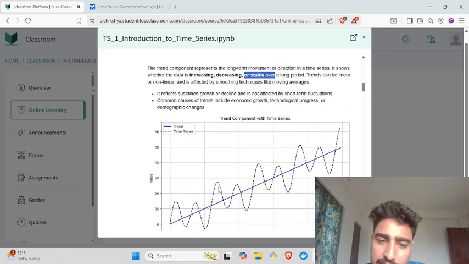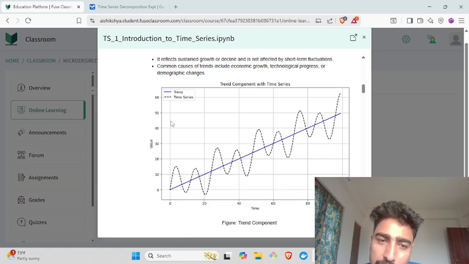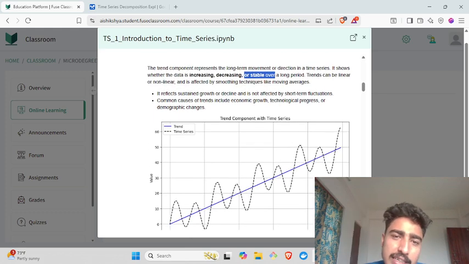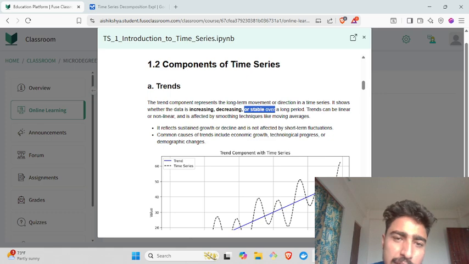Increasing, as we see here, is an increasing trend, and decreasing likewise. If data starts at a value of 50 or 60, then over a period of time it gradually decreases, reaching t100 and so on. Those are the increasing, decreasing, and stable trends.